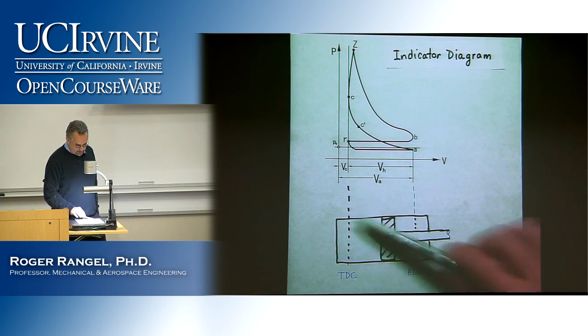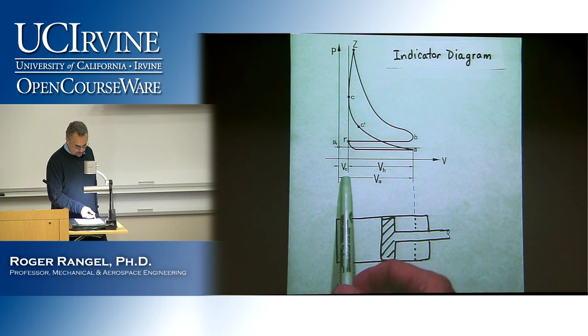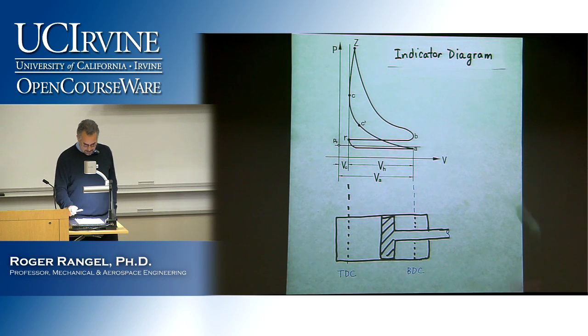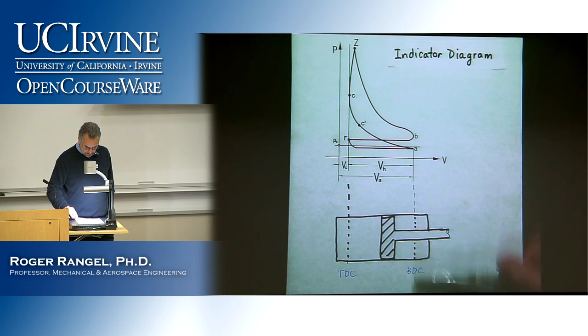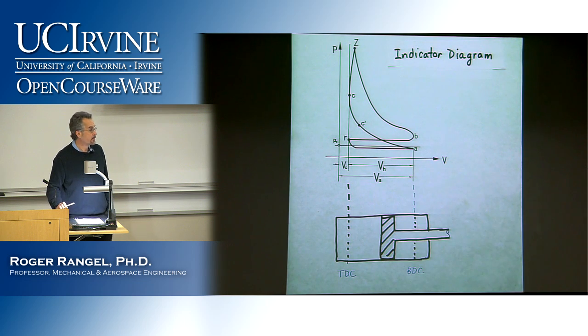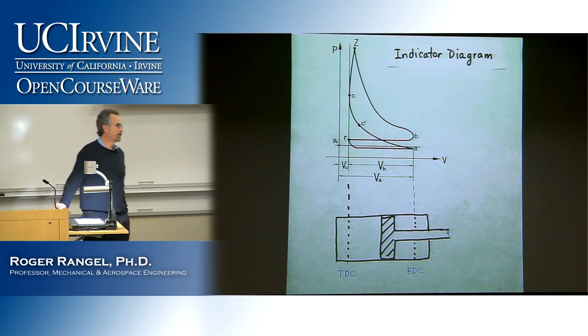The volume is the volume to the left of this piston. The minimum volume is V sub C when the piston is at top dead center, and the maximum volume, when the piston is at bottom dead center, is V sub A. As the piston moves up and down, the volume changes between those two volumes.